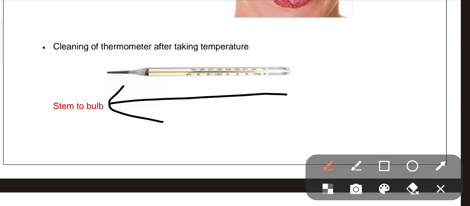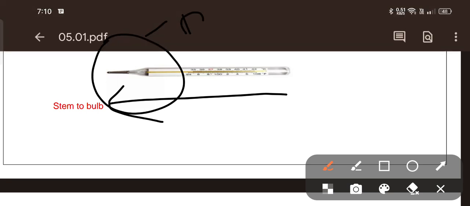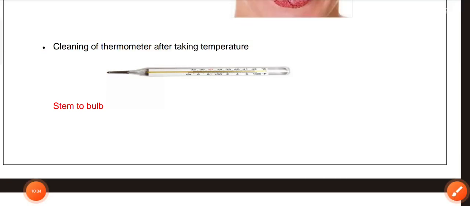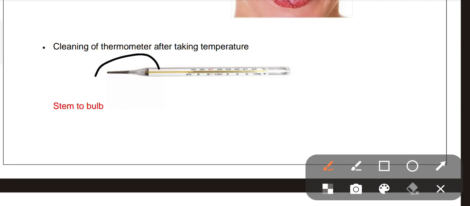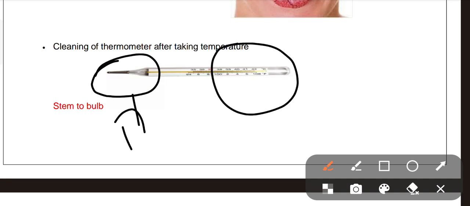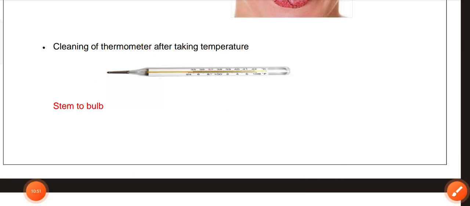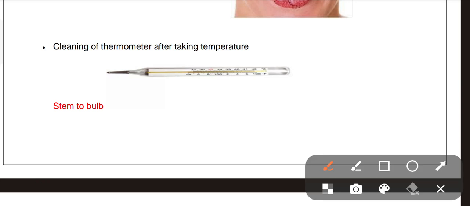Because the bulb area is attached to the patient, so it is highly infected and the stem is less infected. Whenever you clean a wound area or any instrument, firstly you have to clean from the less infected area to the highly infected area.